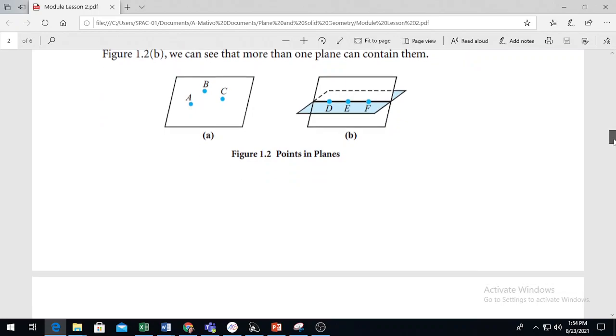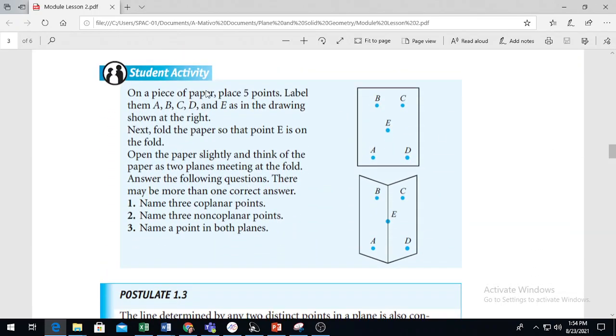And let's proceed to the next student activity. On a piece of paper, place 5 points. So you do this and upload your output or send it to me via messenger. Label them A, B, C, D, and E as in the drawing shown at the right. Next, fold the paper so that point E is on the fold.